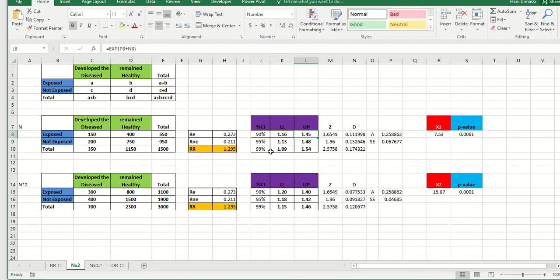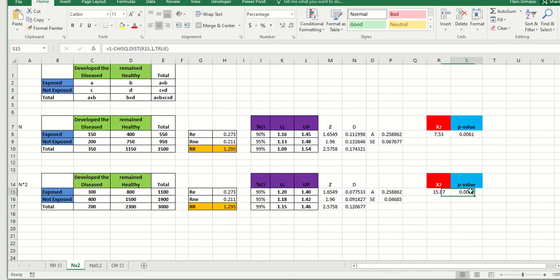Okay, and also now let's compare the 95% to the 95%. You will see it's narrower, and if you compare the 99% to 99%, it is narrower. Why? And you should know by now that it's narrower because the sample size is bigger.